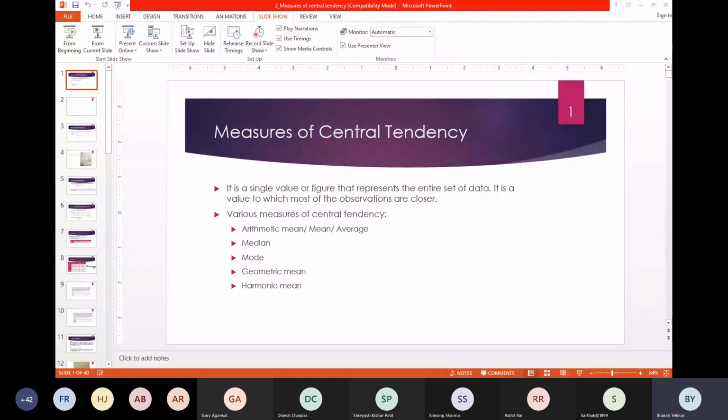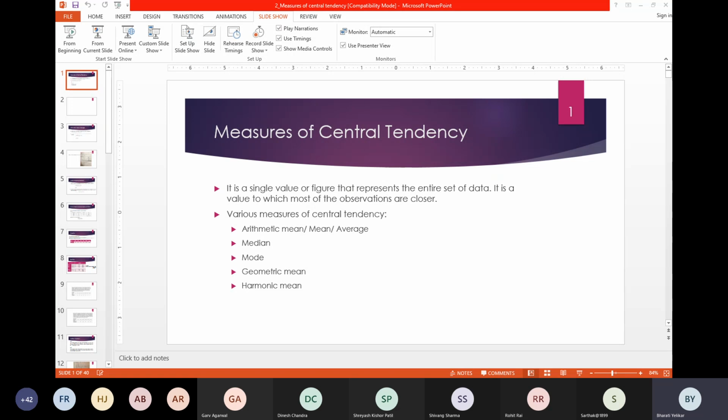Now see, in other words, central tendency is one of the most essential concepts in statistics. It is a very essential thing. It does not provide information regarding the individual values in a data set, but it delivers a comprehensive summary of the whole data set.